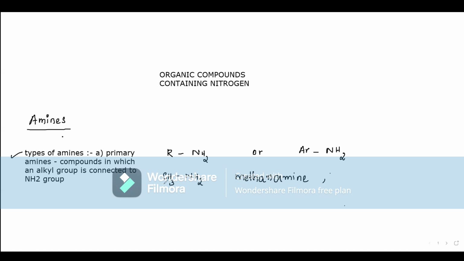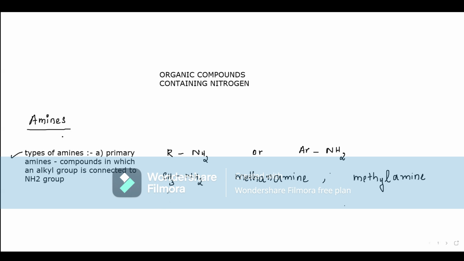So this example, CH3NH2, is now called methanamine. Then what will be its common name? Let's see. Methyl is for CH3. Common name is methyl amine.